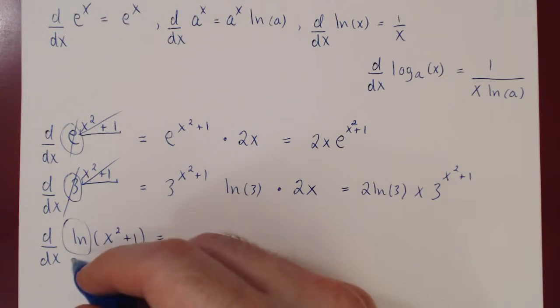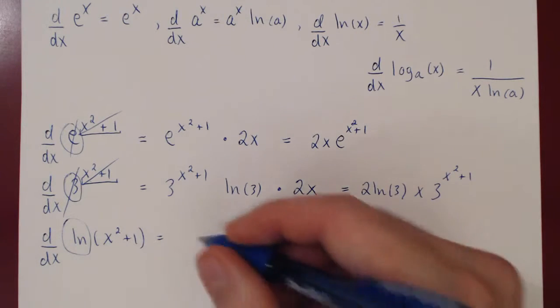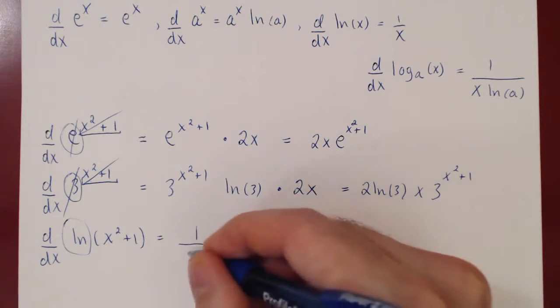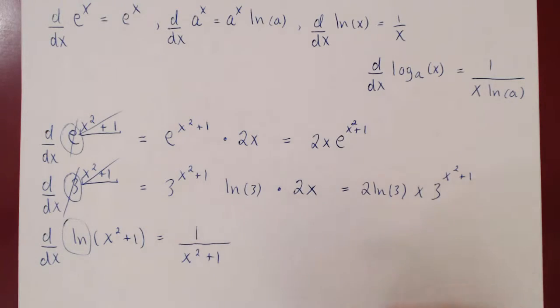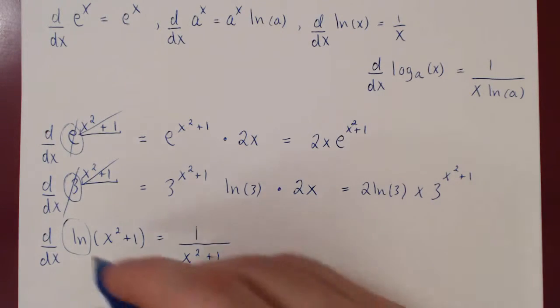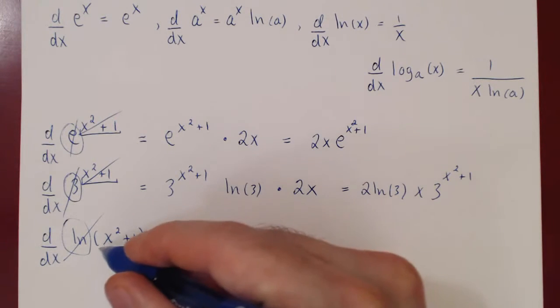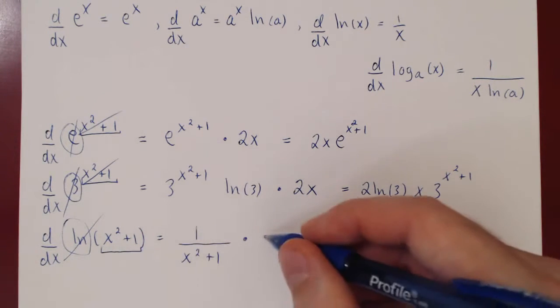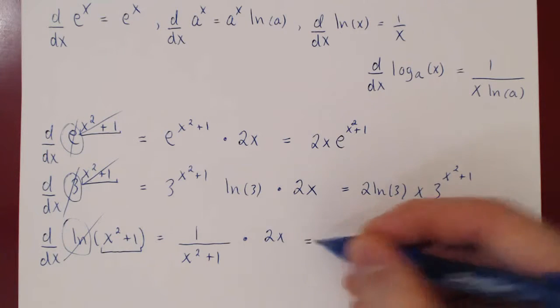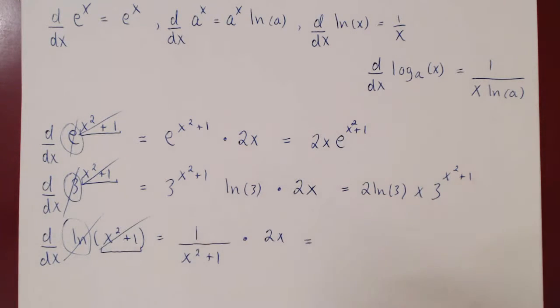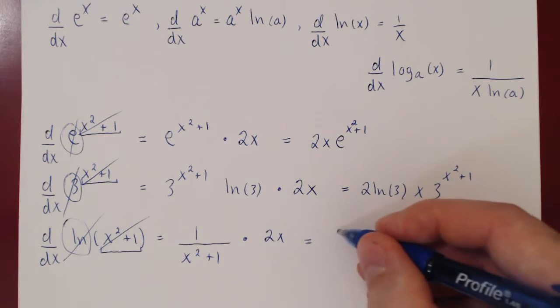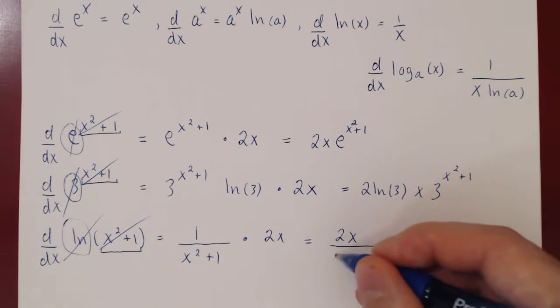So we differentiate ln here, but what's inside is x squared plus 1, so we'll get 1 over x squared plus 1. That's the derivative only of the ln, times what's left over. The derivative of x squared plus 1 is 2x. We can combine as a single fraction, and we have 2x over x squared plus 1.